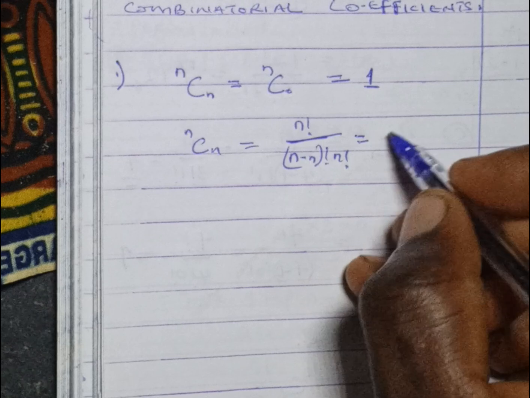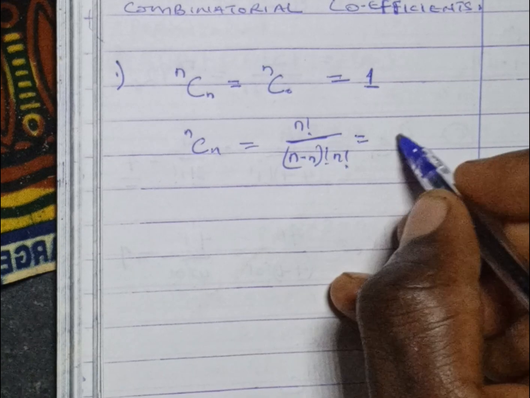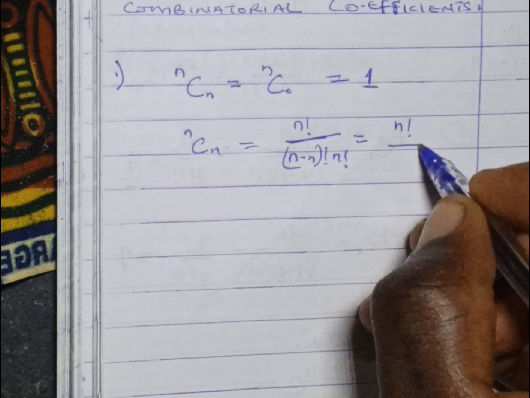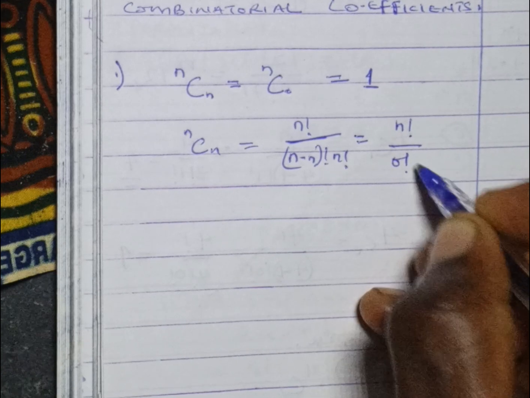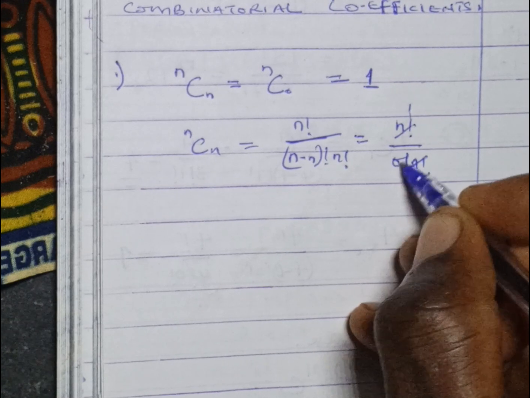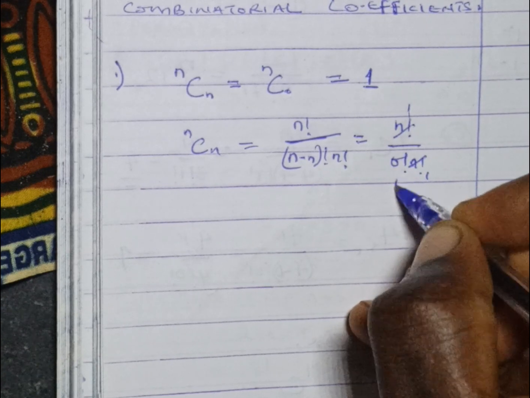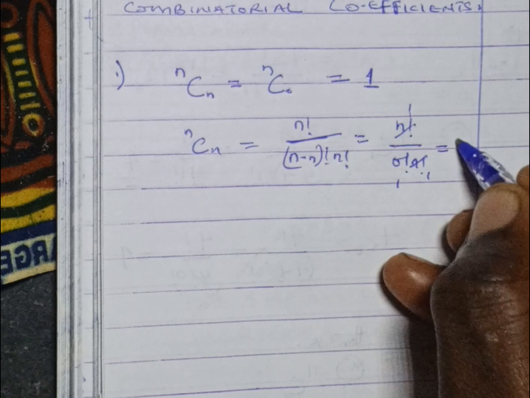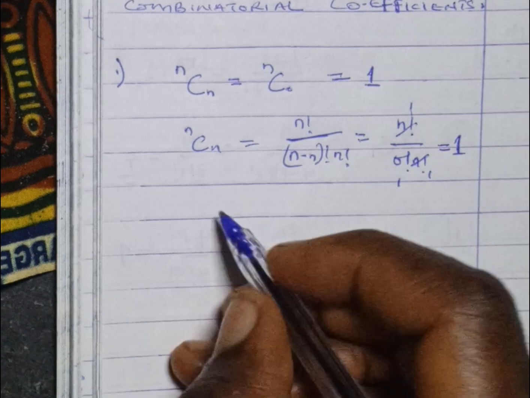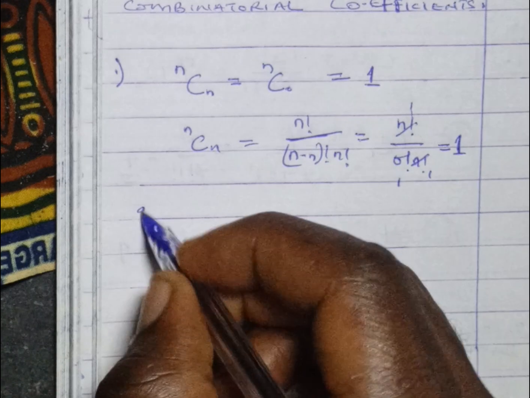So this is equal to n factorial over 0 factorial, n factorial. This cancels out this one, 1, 1. Of course, 0 factorial is also 1, which is answer 1. Is that correct?